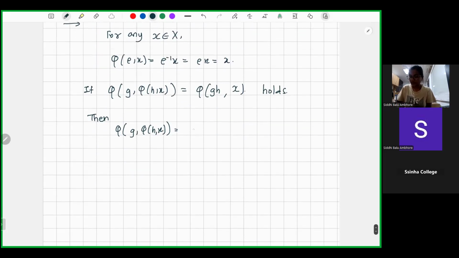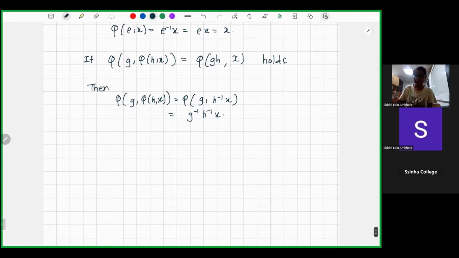It is H inverse x. It will be phi of G comma H inverse x, and then this will be G inverse H inverse x. Right? This will be my phi G phi Hx. And what is phi of GH, x? It will be GH inverse x, but that is H inverse G inverse in general. Right?